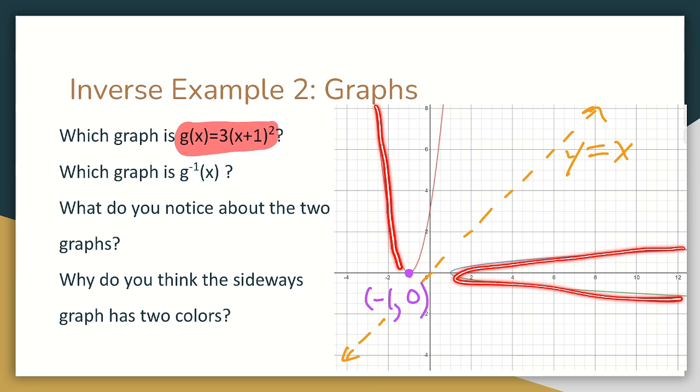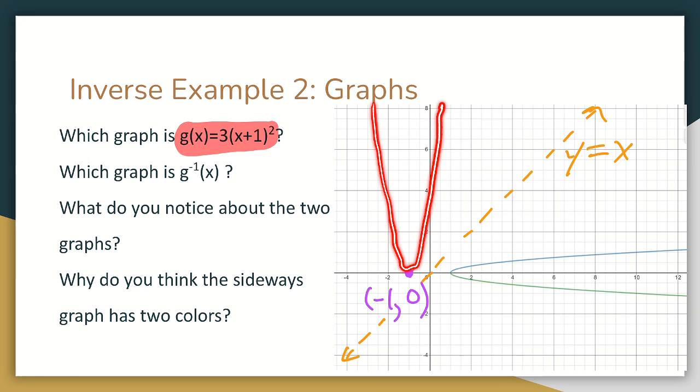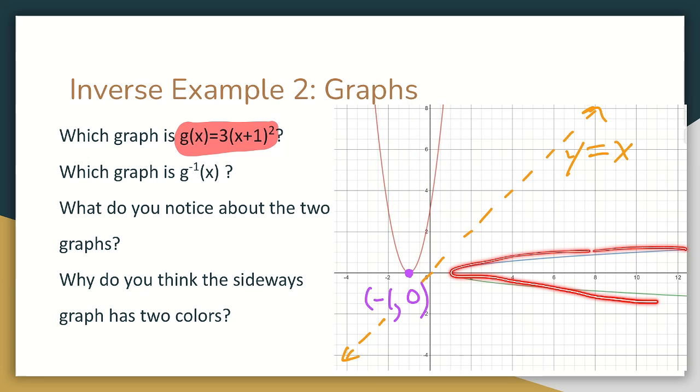So if we take this original graph, we reflect it across the orange line there, we will get this graph over here. And it's because this one is symmetric across a vertical line, its inverse must be symmetric across a horizontal line.